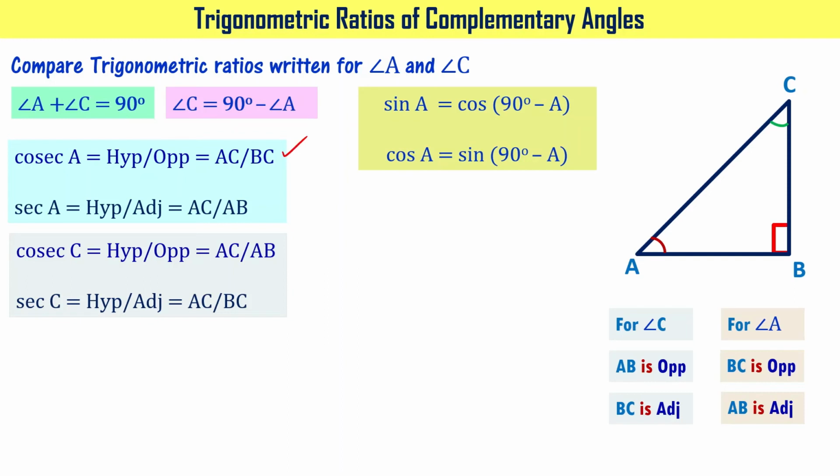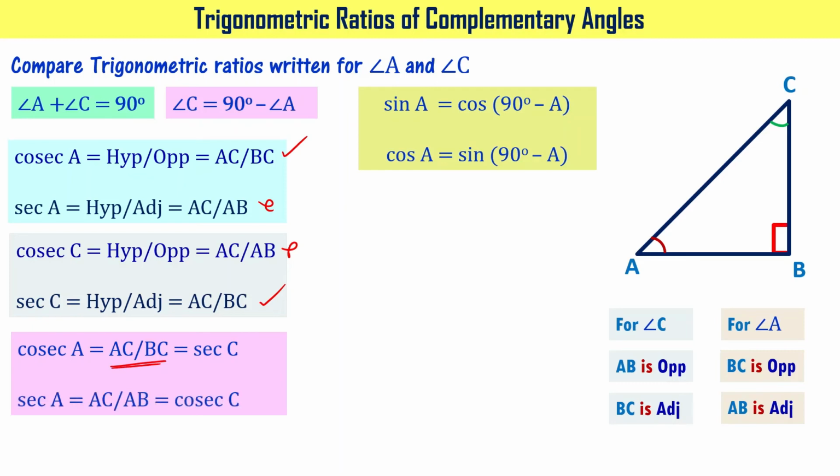AC by BC, AC by BC, AC by AB, AC by AB, right? Let's compare this and write cosec A equal to sec C, right? Both are equal to AC by BC. And sec A equal to cosec C, right? Because both are equal to AC by AB.